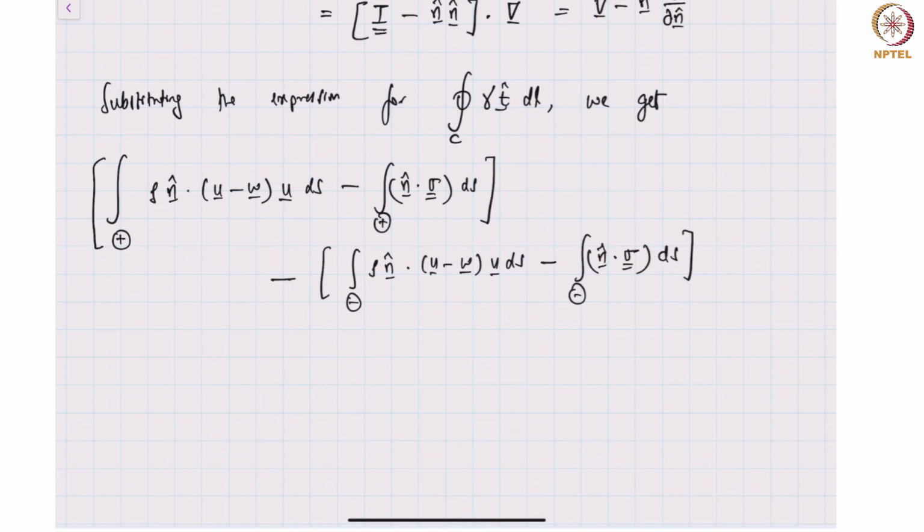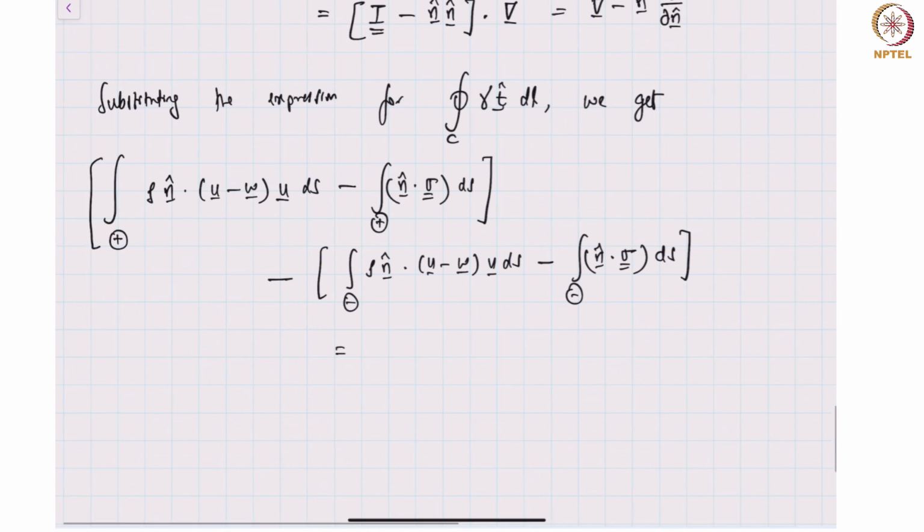I have both of these terms, and these two terms are equal to the surface tension term that we saw, which is the surface gradient of gamma minus gamma n hat del dot n. This important relationship is basically the jump condition across the interface.